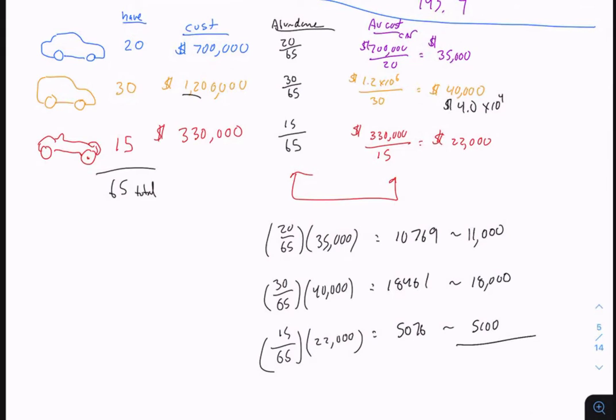Okay, so in the end, our average, we're going to be adding these together. And the rule for addition is fewest decimal places, so that's not a problem because none of these have decimal places. So the average cost of the car on my lot is $34,000.